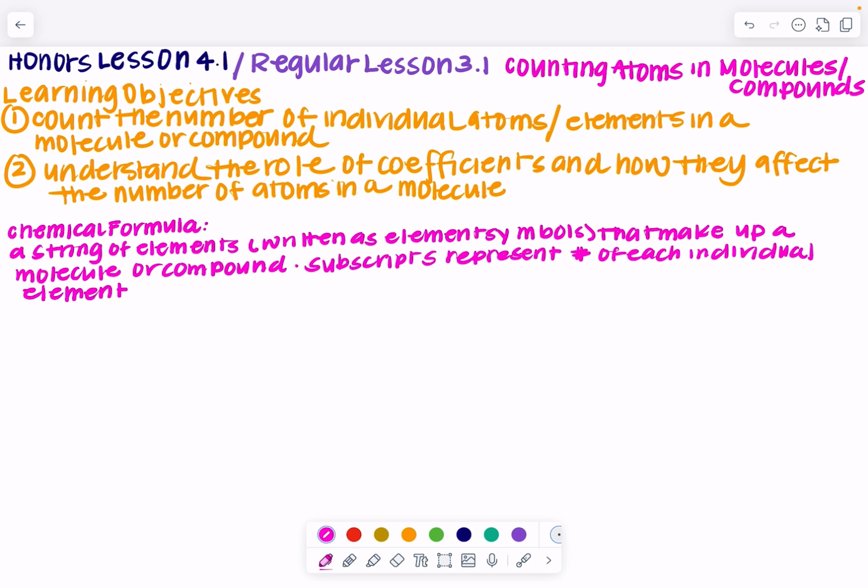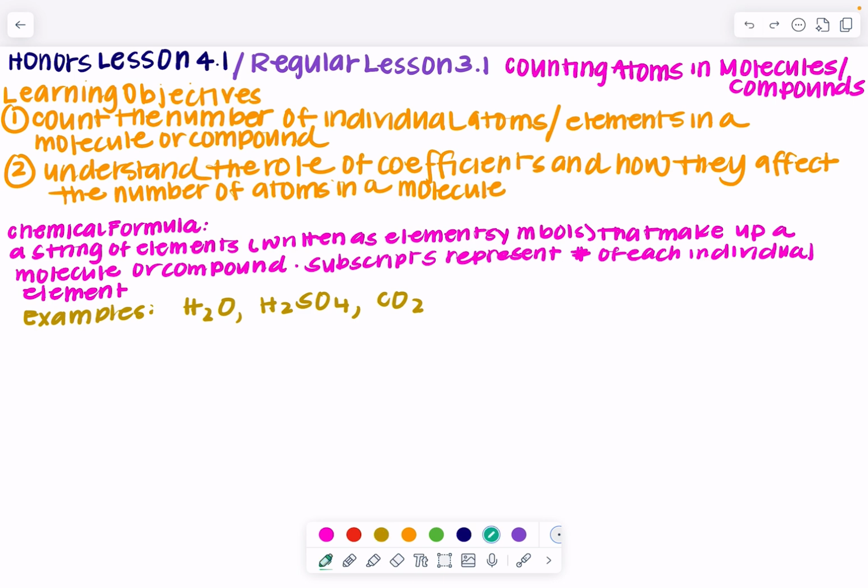Some examples of chemical formulas, and we've seen a lot of these, are H2O, H2SO4, CO2. These are all examples of chemical formulas. You can see here we have element symbols, we have subscripts, all of that good stuff.